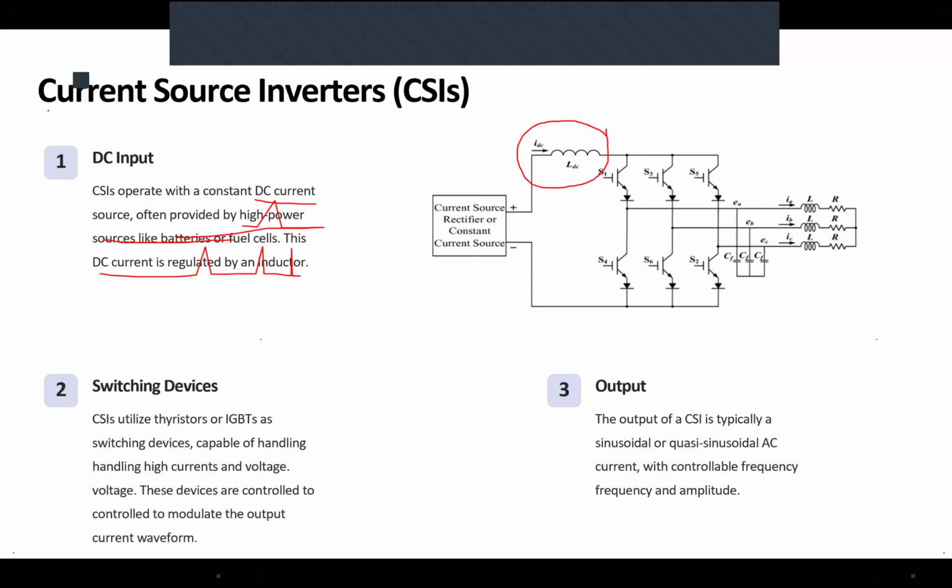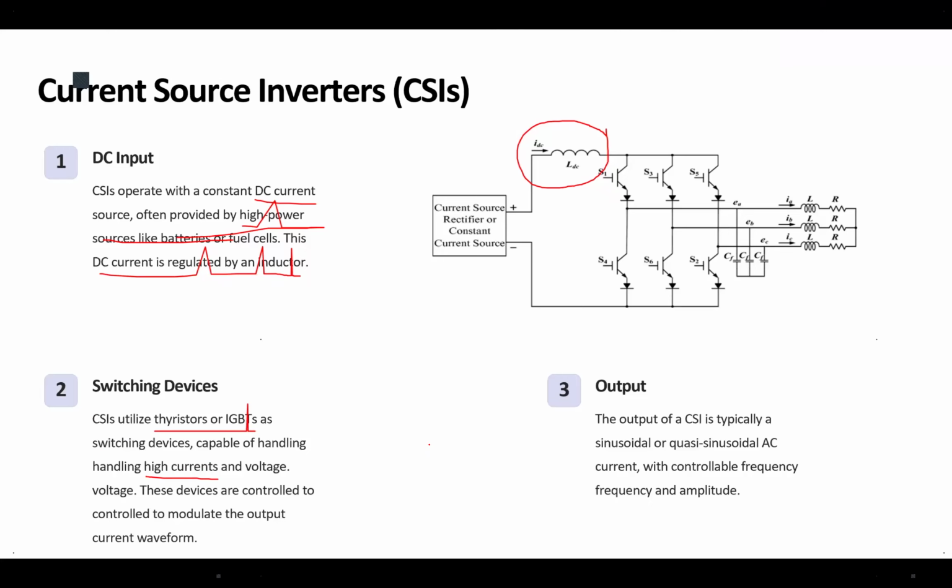Now, because we are acting on a current, the switching devices used in the current source inverters are normally thyristors or a certain type of IGBTs, because they are capable of handling a high amplitude of current, okay. In current source, because we are working with current, our switches should be able to work with a higher current stress, and they should have more capacity for conducting current.